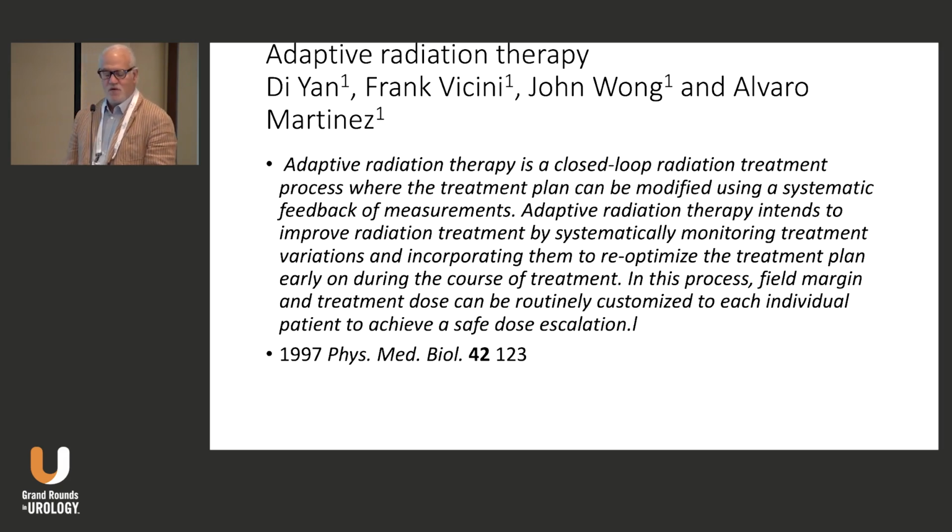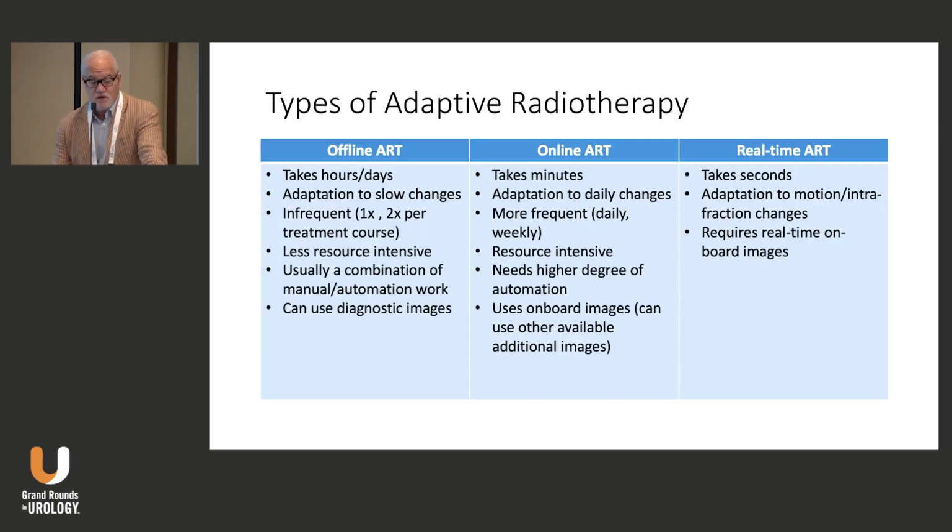So this is way back when a lot of the things that I will discuss didn't even exist. But it's the whole concept about changing the radiation plan at some point during the treatment, or at marking points during the treatment. And I'll discuss that as I go forward.